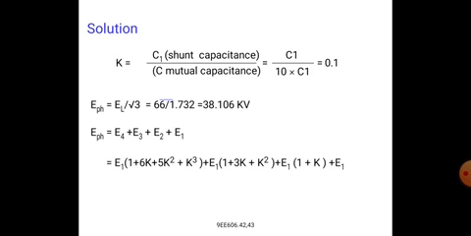Right? 1 plus 6K plus 5K square plus K cube. So substitute the value of K, that is 0.1. So E phase is nothing but 38.106. So we get the value of E1, that is E1 into (4 plus 10K plus 6K square plus K cube).